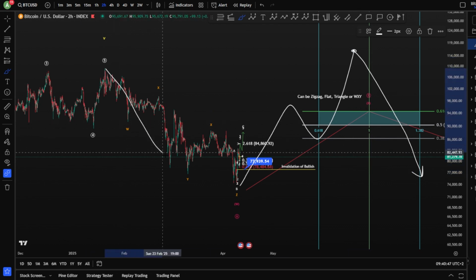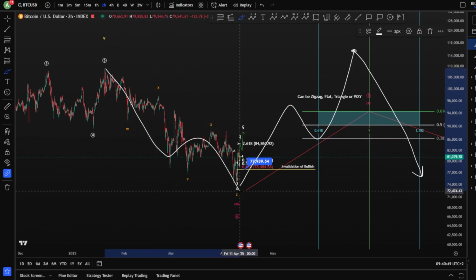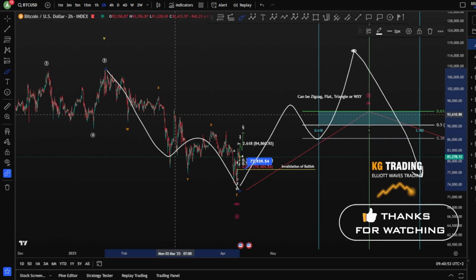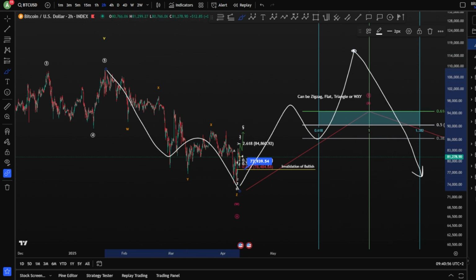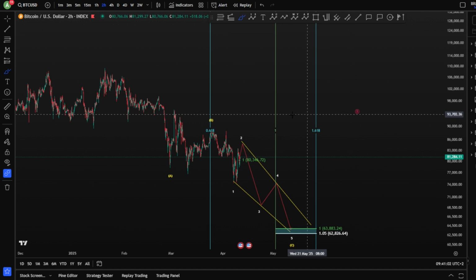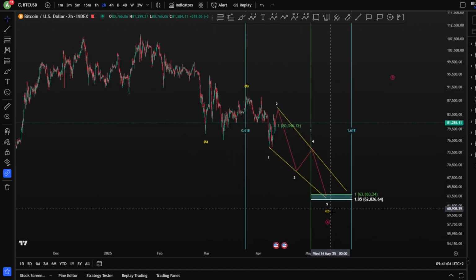Don't forget that this is a correction, A, and you have 3 waves up B, and wave C toward the downside will create an expanding flat, which can be the case of a bearish market.